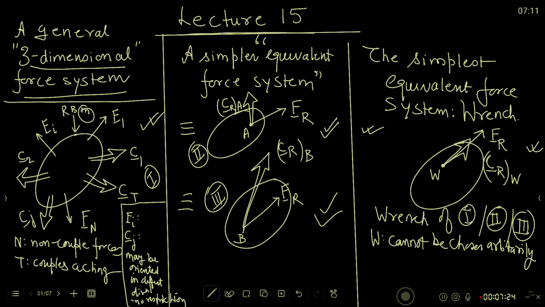It needs to be found. There is some restriction on W. W needs to be determined. It follows some restrictions. It is not a free choice. In contrast, when you were considering these two force systems, the choice of A and B was completely arbitrary, completely based on your choice.